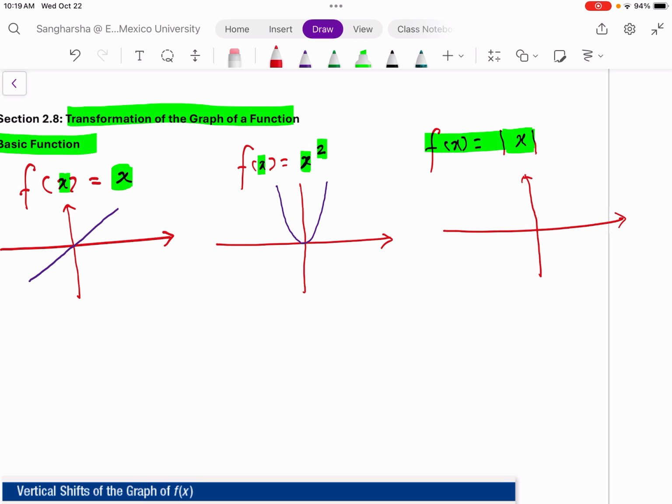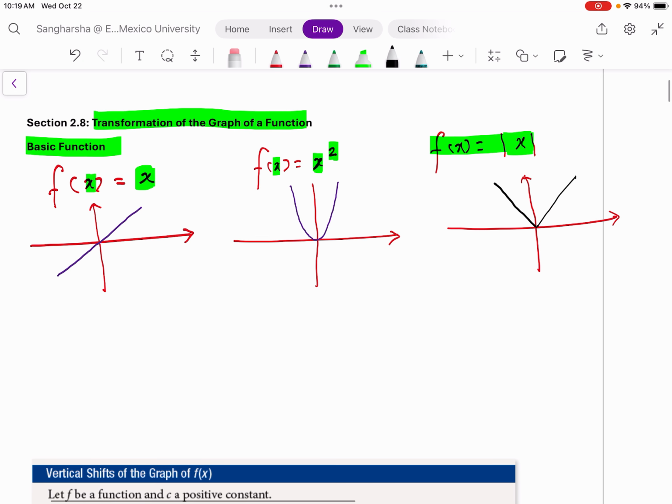It's always V-shaped. Let's draw a V-shape here. So this is the graph for an absolute value function. Every absolute value function has a V-shaped graph. This is the next type of basic function.